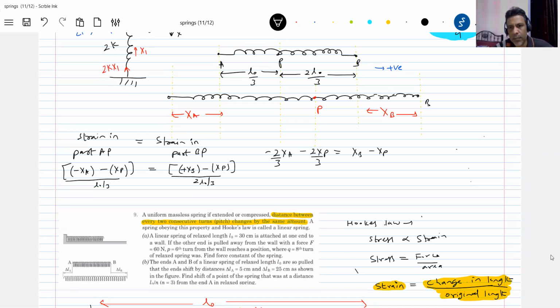So this will become XB plus 2XA by 3 should be equal to 2 by 3, 1 plus 1 minus 2 by 3. So XP by 3 will come. Just substitute this value. Therefore XP should be equal to 3XB plus 2XA.